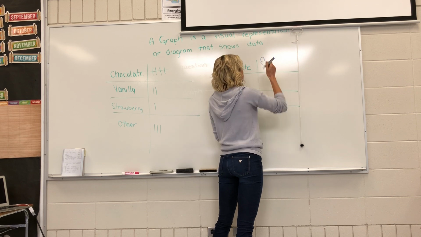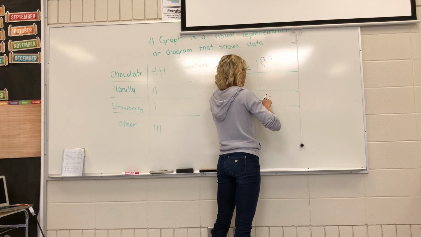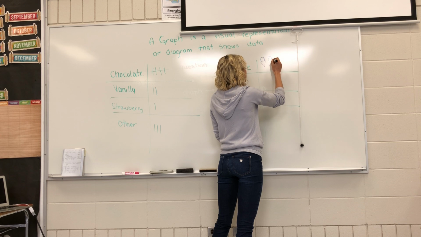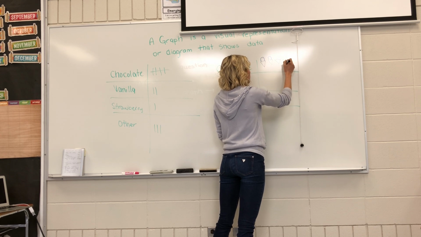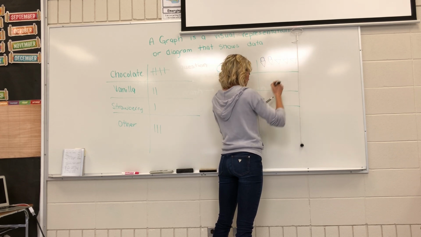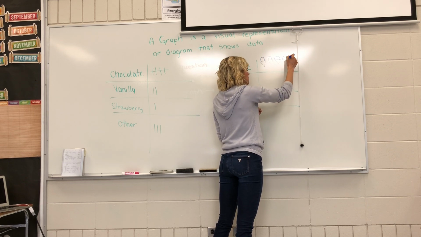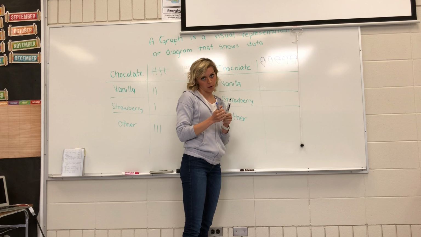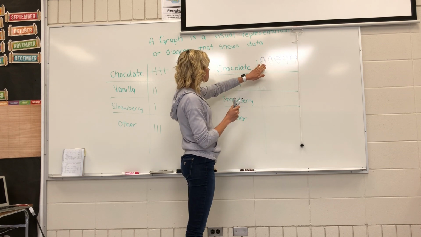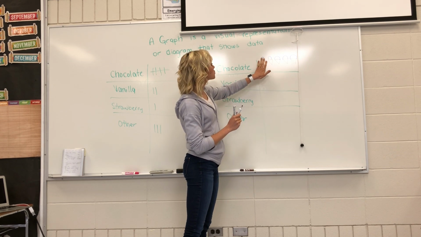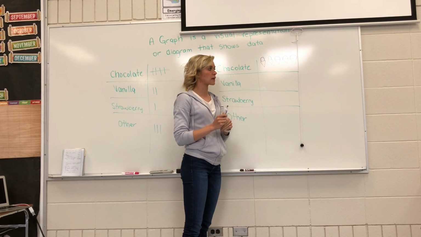There's 1 ice cream cone, 2. So let's just pretend that this blue color is our brown representation. Sorry about that. My markers are dying. So I had 5 tallies, so I drew 1, 2, 3, 4, 5 chocolate ice cream cones.